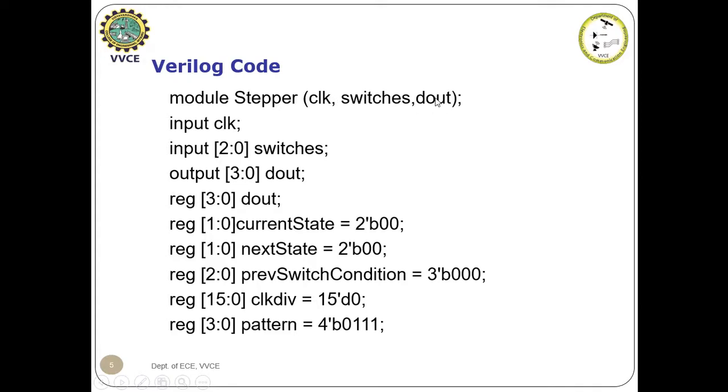These 3 are the variable names which I am using in the terminal list. Since clock and switches are inputs, we have to declare them as input ports. Since the switches are not a scalar variable, because I am using 3 switches in this experiment, these 3 switches can be represented as a vector [2:0].